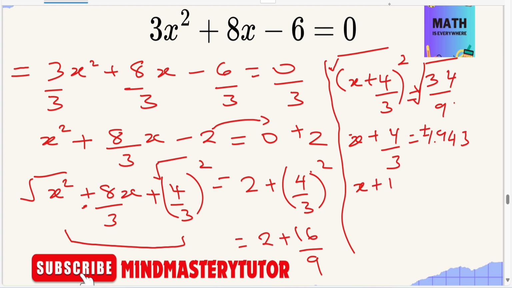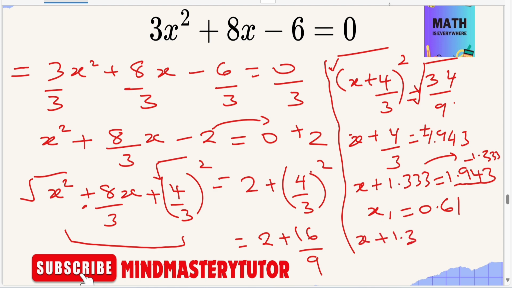So x plus 1.333 equal to 1.943. So your first x itakuwa wa subtract, wachukua 1.943 minus 1.333, in which x yako ni around 0.61. So hiyo ni x yako ya kwanza. So the other x utafanya the same thing, but this time hiyo itakuwa negative 1.943.